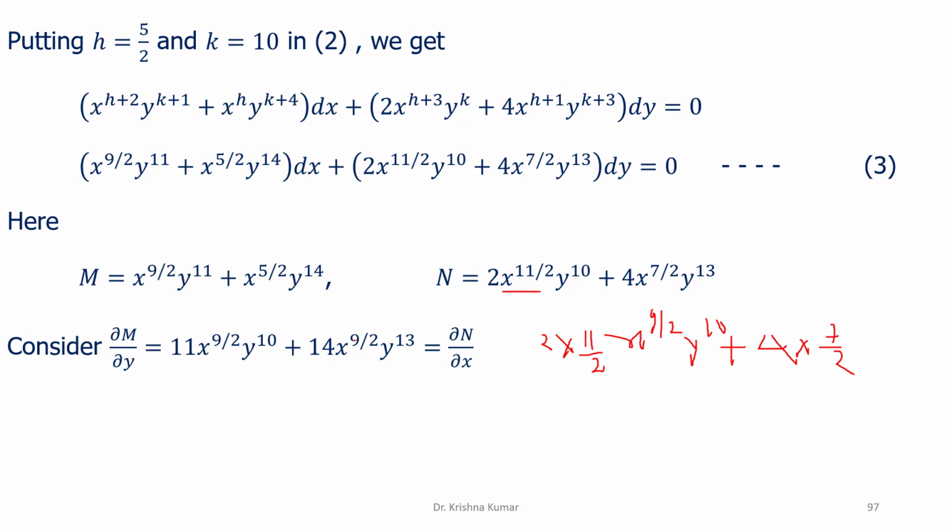I think this is not correct. It is not 9/2, it is 5/2, sorry. It's 5/2 into 7/2 into x to the power 5/2. So now this 2 will cancel.